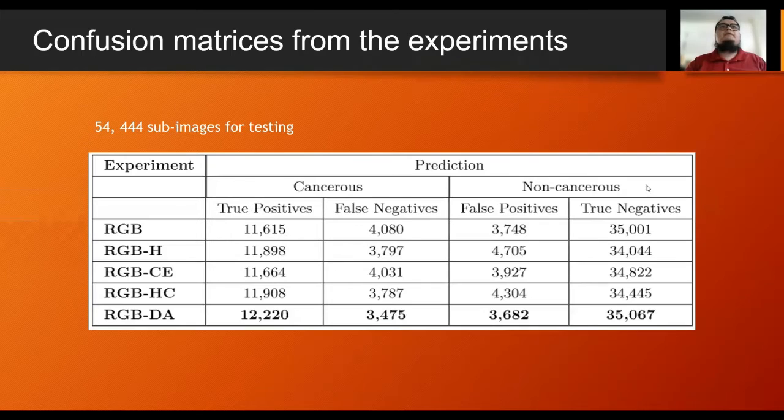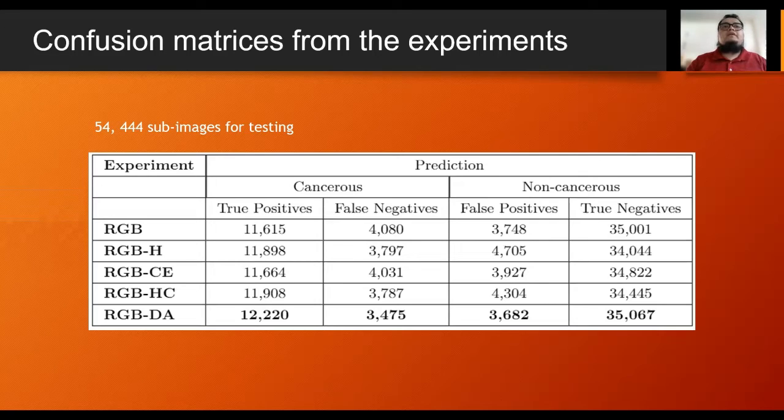Finally, I'm going to show you the results of our proposal. First, we used around 54,000 images for testing, and we performed 5 experiments. The first one consists of training the CNN with the original RGB image. The second consists of training the CNN with the image obtained from the unsharp masking method.